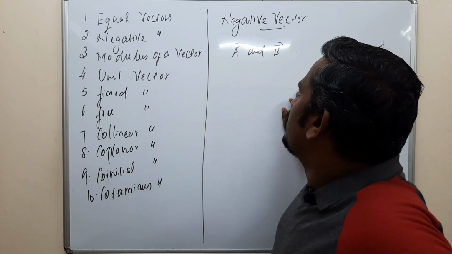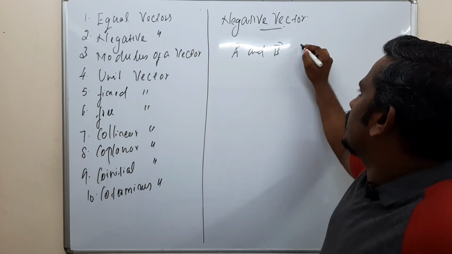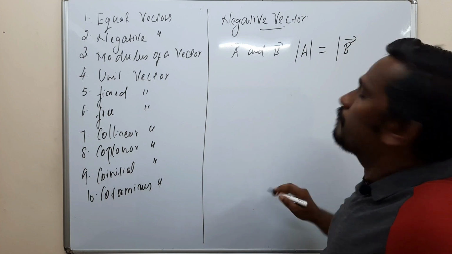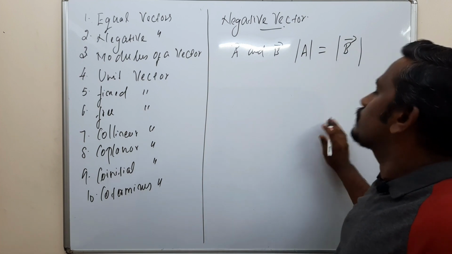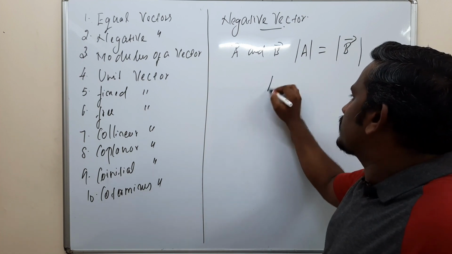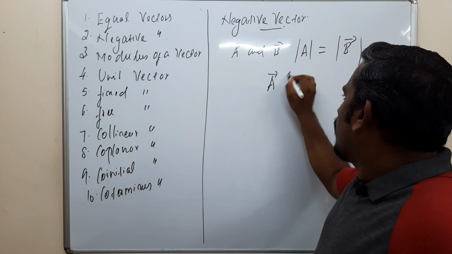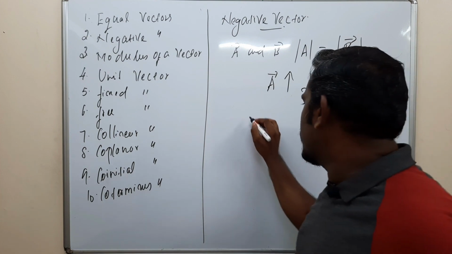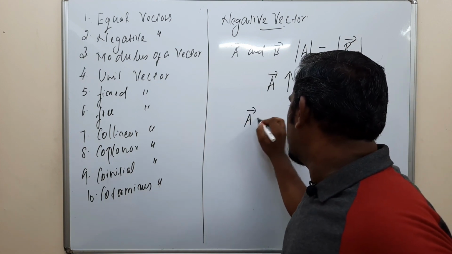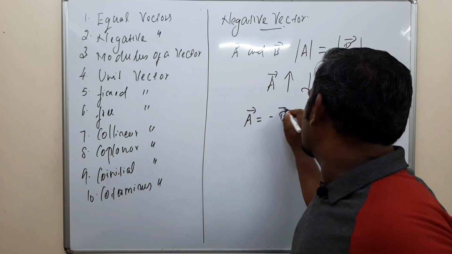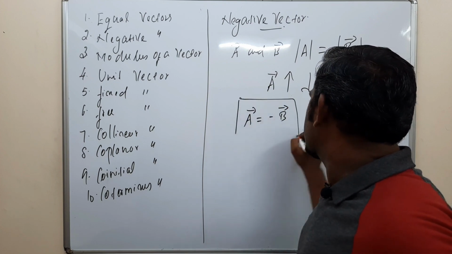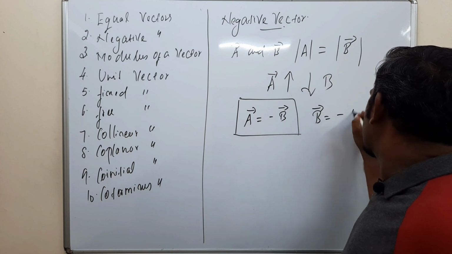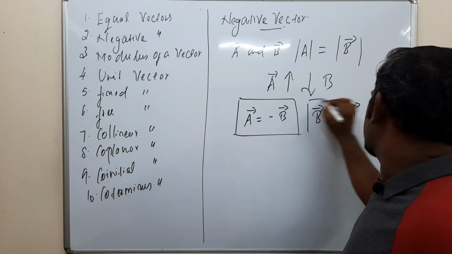That is, mod a is equal to mod b, and a vector and b vector are in the opposite direction. So we can say that b vector is the negative of a vector.